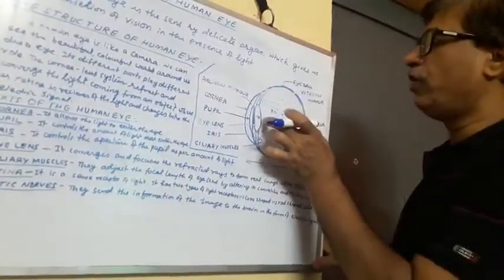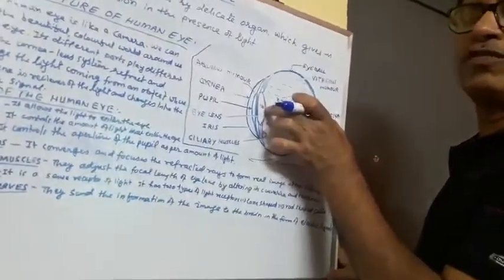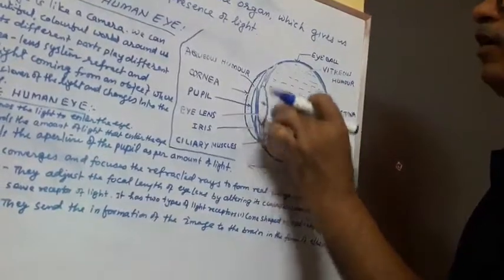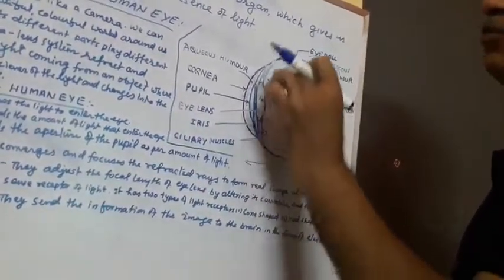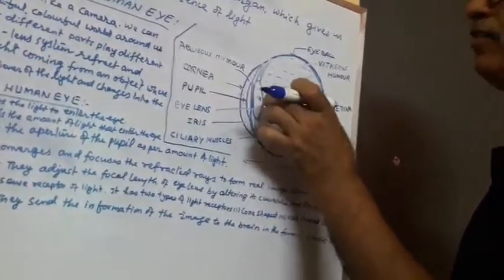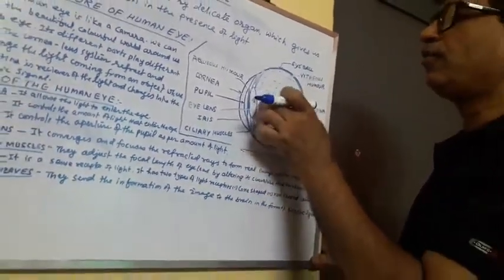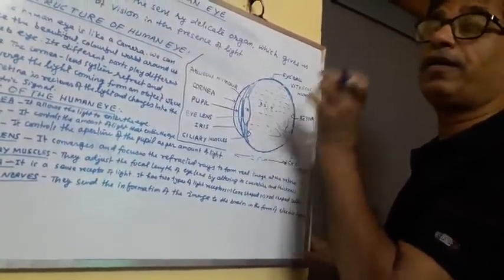So dear students, the lens-retina distance is always fixed, right? Here the eye lens itself changes its focal length with the help of the ciliary muscles, so that the image will always form at the retina. Thank you.